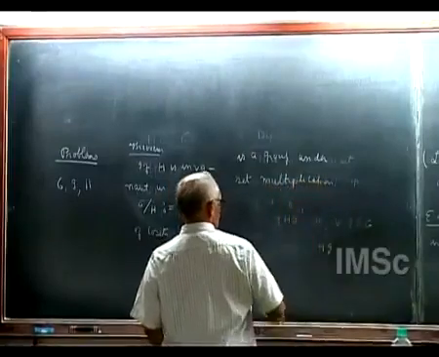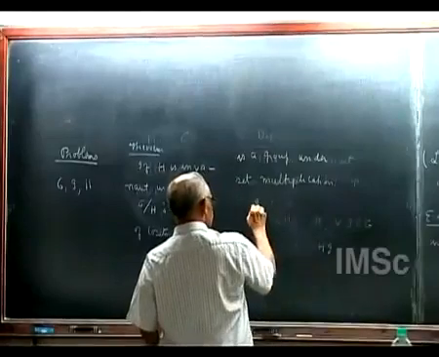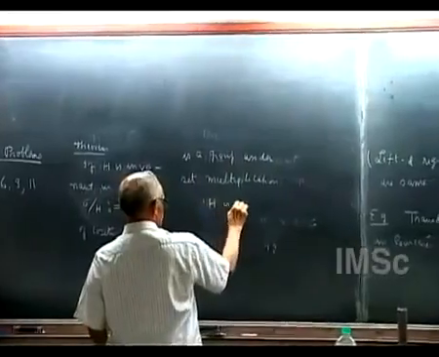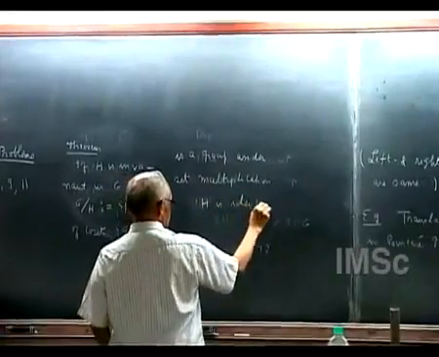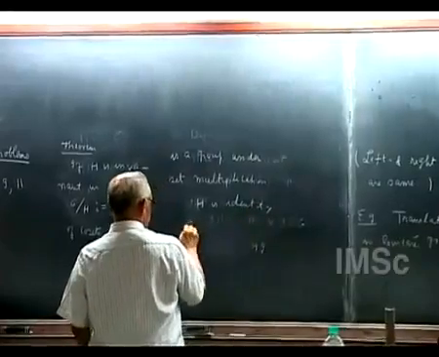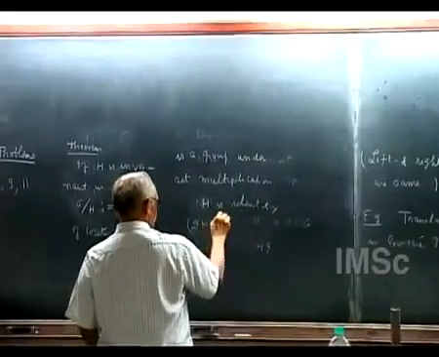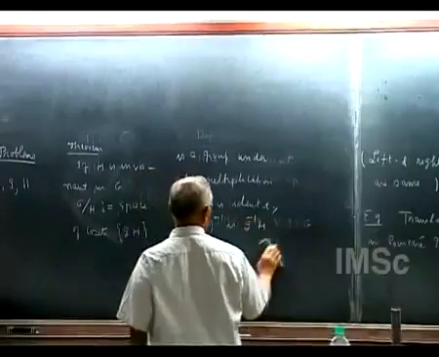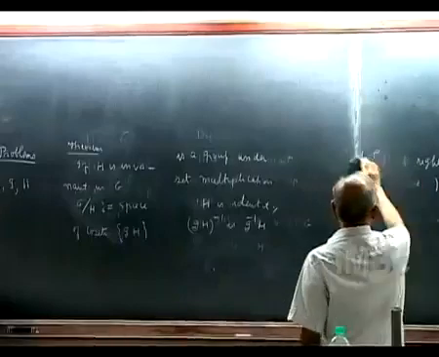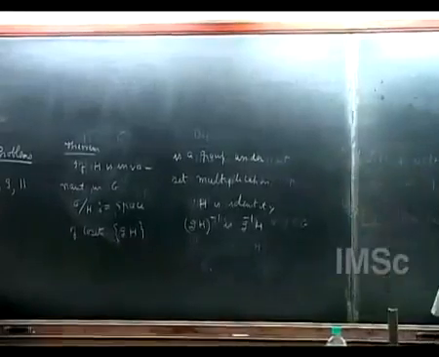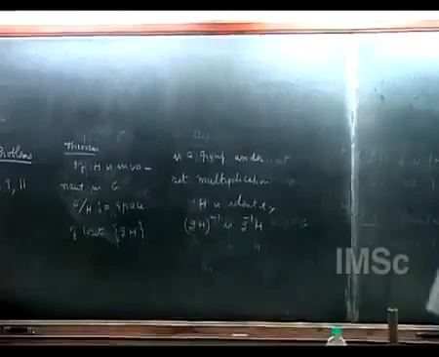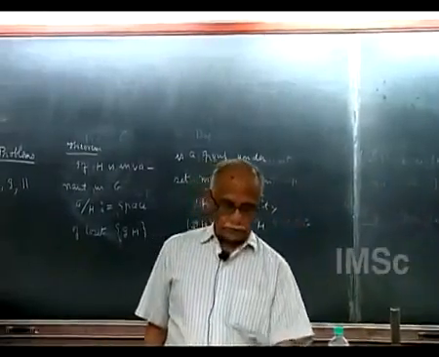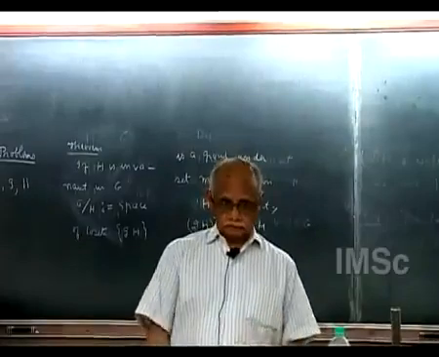In this group, H is the identity, and the inverse of gH is g inverse H. This is where I stopped last time. So, now I have to give you examples. This is what I will do now.